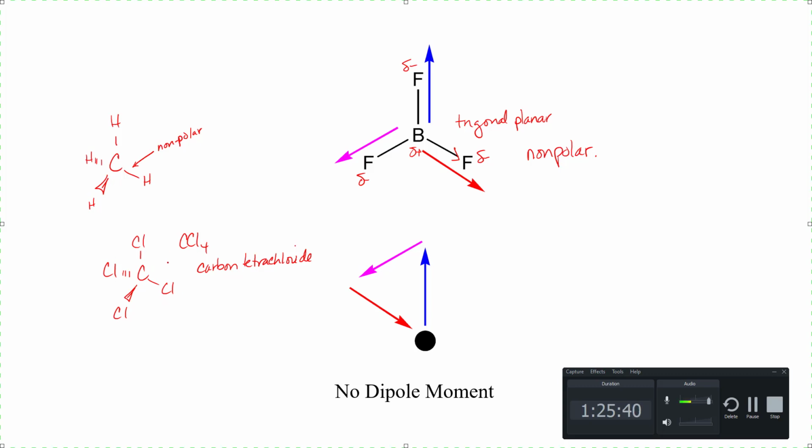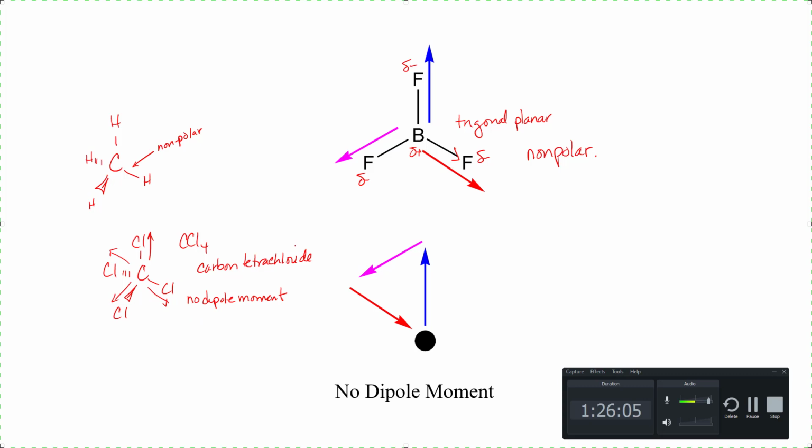Carbon tetrachloride, is it polar or nonpolar? Well, again, in a tetrahedron, if it's perfectly symmetrical, as it is, all four of those will cancel. So it will have no dipole moment, and the reason is because all of those bond dipoles cancel each other out.